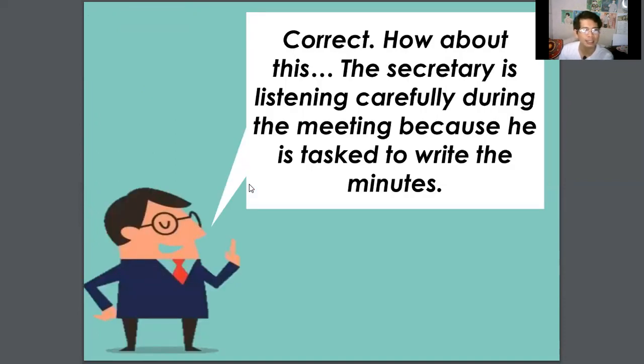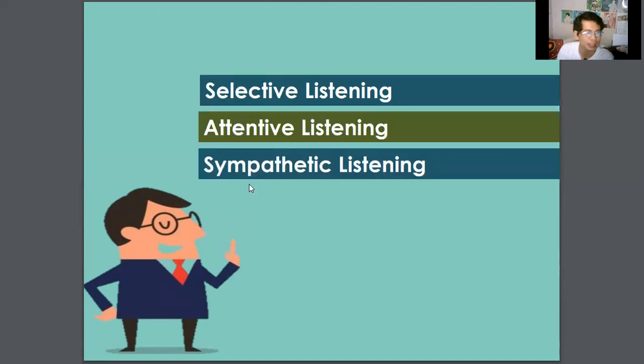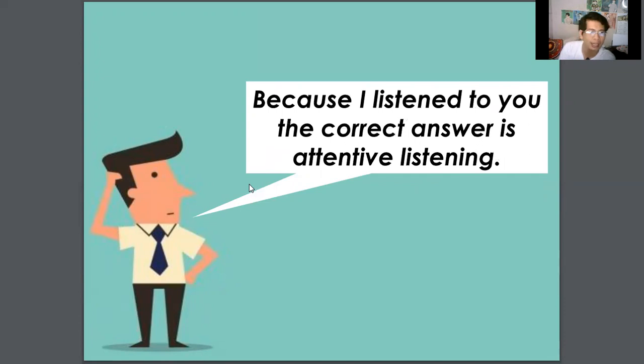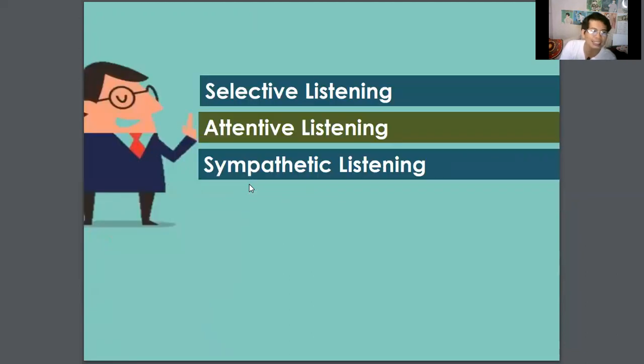The secretary is listening carefully during the meeting because he is tasked to write the minutes of the meeting. So what kind of listening is this? Or what level of listening is this? Is it selective, attentive, or sympathetic? Let's see. Ang sagot niya ay, because I listen to you, the correct answer is attentive listening. Is this correct? So let's see. Yes, it is attentive listening. Okay, this icon is pointing attentive listening.